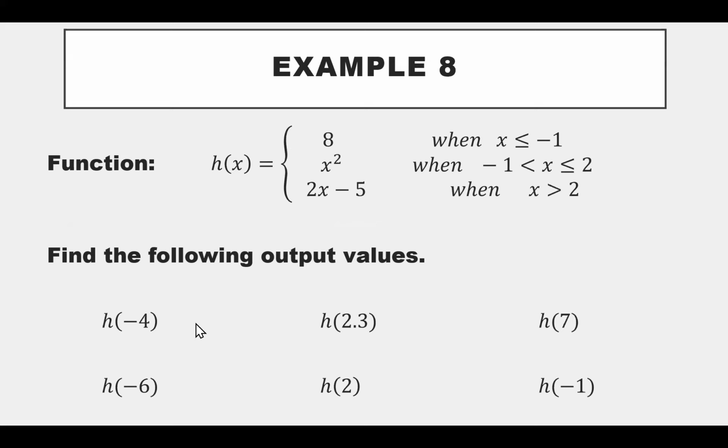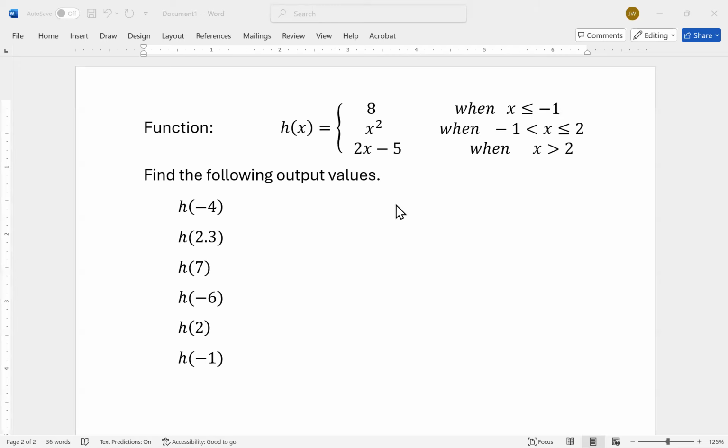Let's calculate some output values here. H of negative 4, H of 2.3, H of 7, H of negative 6, H of 2, and H of negative 1. Let's do these calculations.